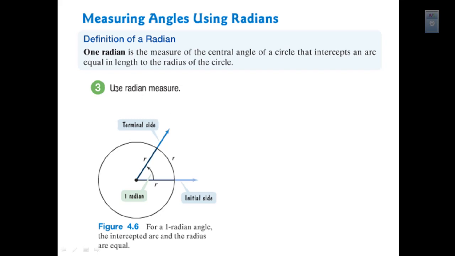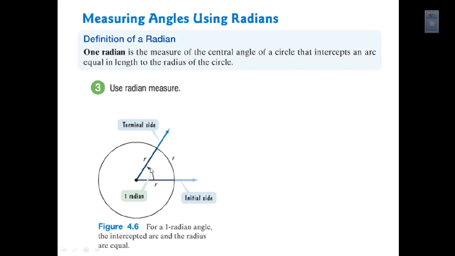Because radian, and you're going to find out through the definition, is based off of the circle itself. 1 radian is the measure of the central angle of a circle that intercepts an arc equal in length to the radius of the circle. So right here we have 1 radian.